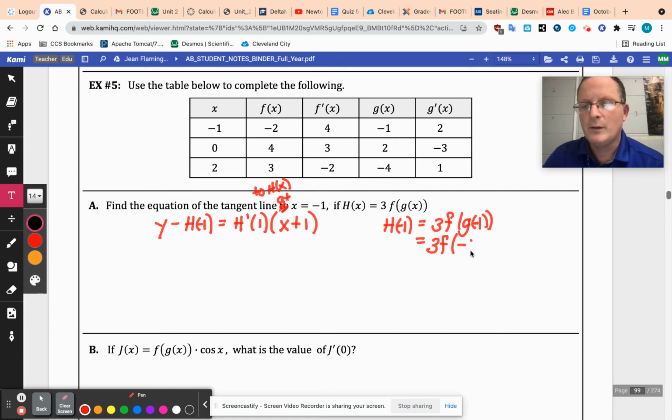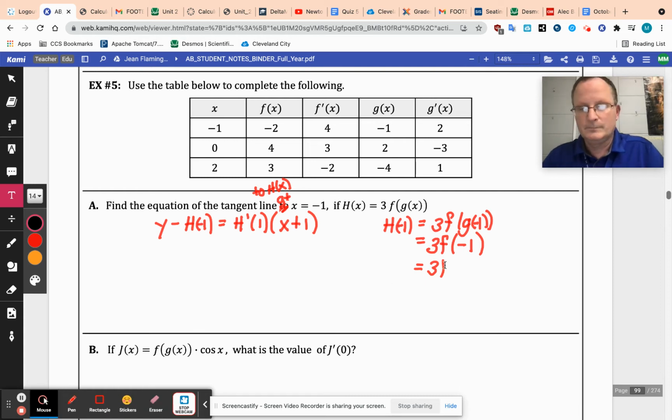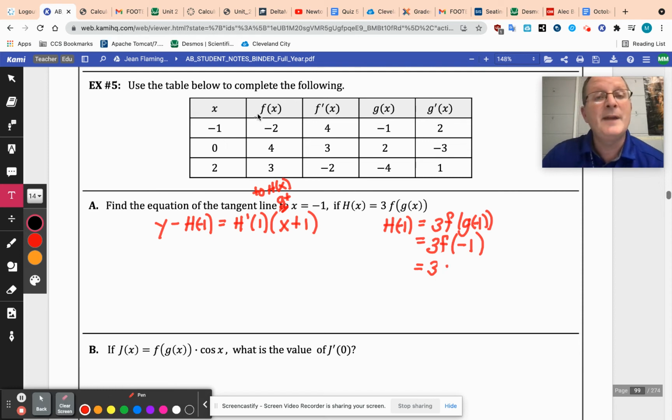Oh, okay. So then this will be 3 times f of -1, and f of -1 is -2. So this is -6.